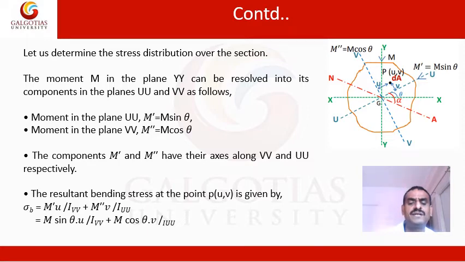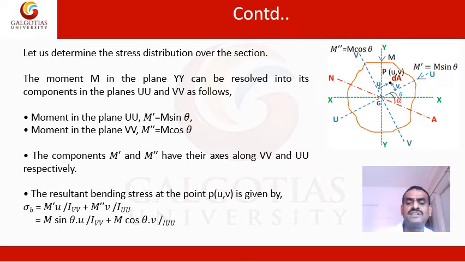Here M' is the component of bending moment along the UU axis, M'' is the component of bending moment along the VV axis, U is the location of the point with respect to the VV axis, and V is the distance of the point P from the UU axis.